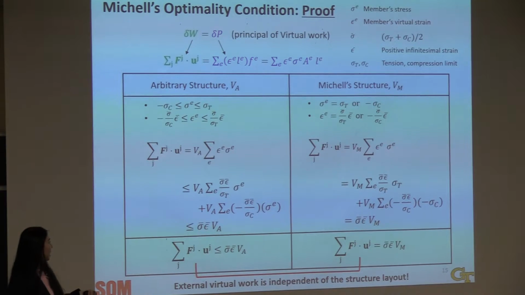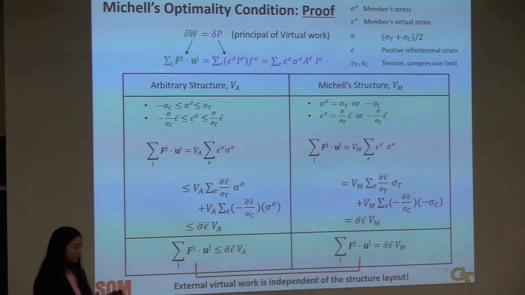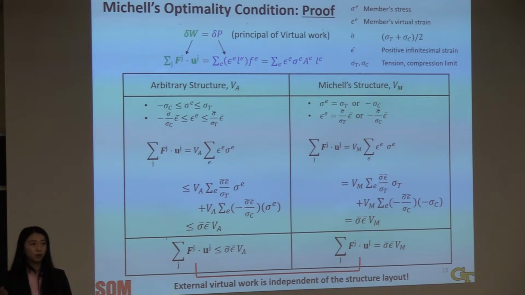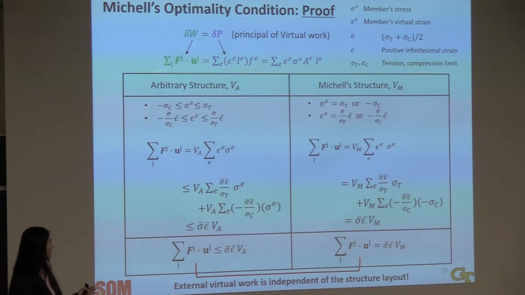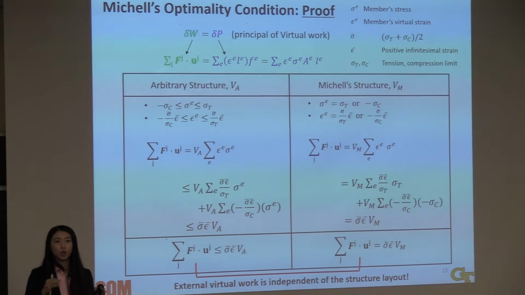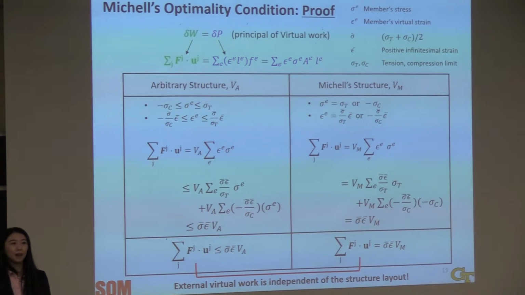So we have seen that for a given set of forces, the external work is independent of the structure. But only your Michell structure, which is your lower bound, will have the least amount of material.